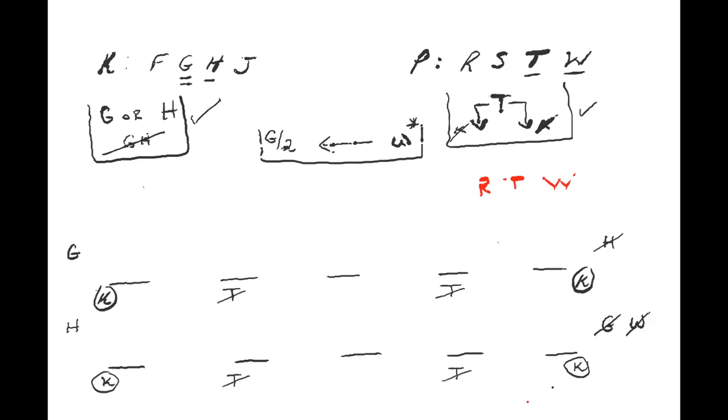And over here, again, if you just bring this down, we know we have G or H, and then F and J have no limits whatsoever. So if we have R, T, and W, we know that if T is there, T's got to be third.